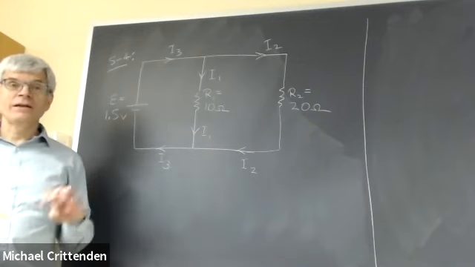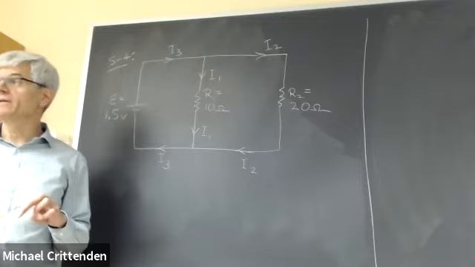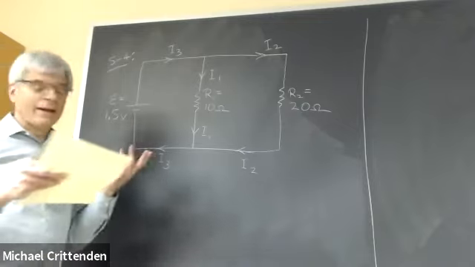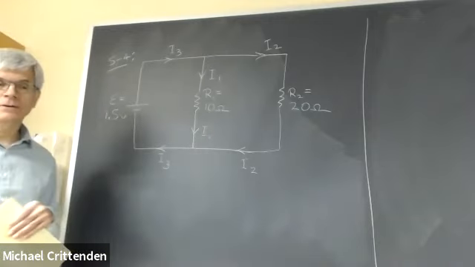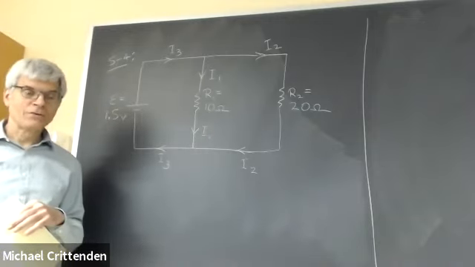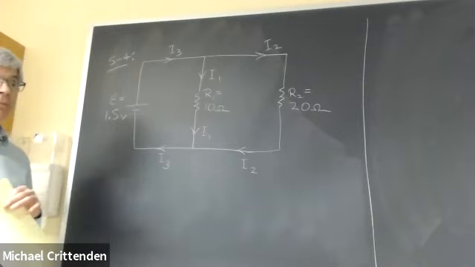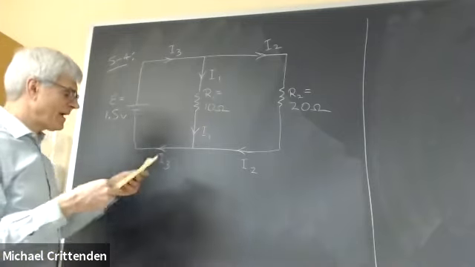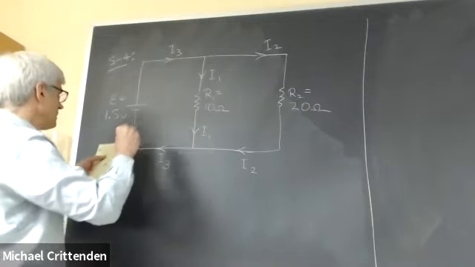Just start writing equations, and sooner or later, you're going to bumble into something that works. Sometimes there's something to be said for trial and error. Insight is better, but if you can't manage that, sometimes trial and error gets you where you need to go.